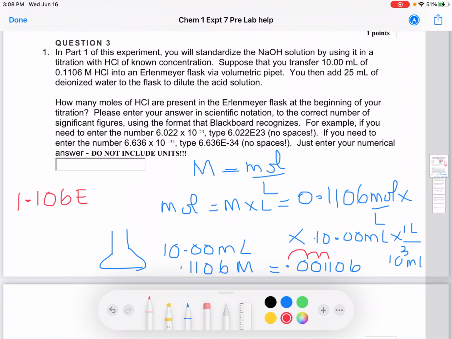You have a smaller number, 0.001106, and you are making it a bigger number, 1.106. So it has to be a negative exponent, right? How many times did we move it? 1, 2, 3. So E negative 3. That's how you would put that number as an exponent.